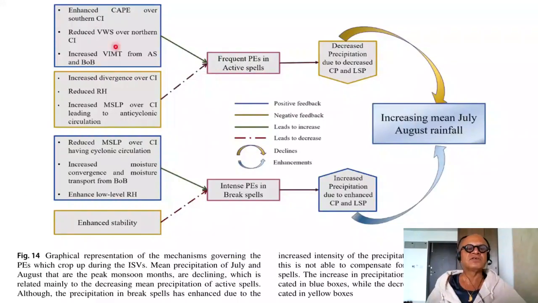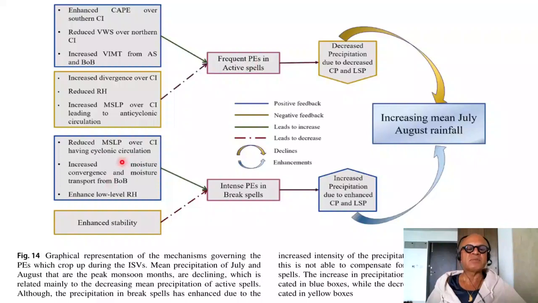Okay, so these are kind of contradictory processes with negative feedback and positive feedback, leading to the net increase of precipitation events in the active spells, but with decreased total precipitation during active spells.